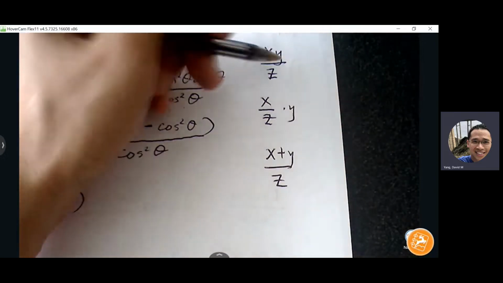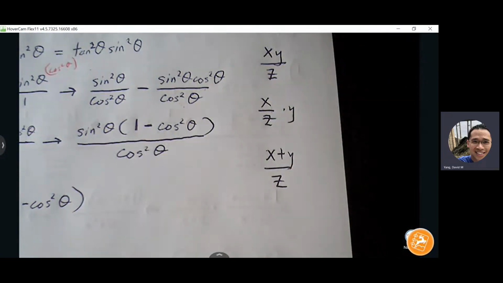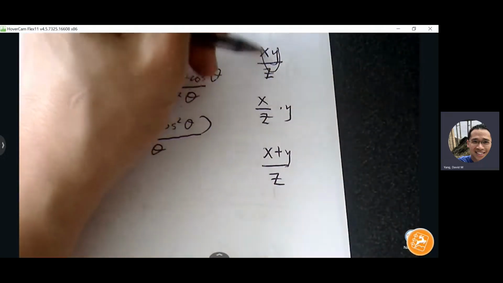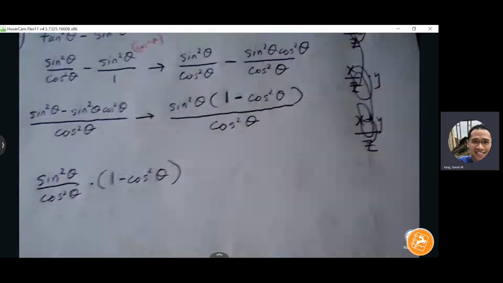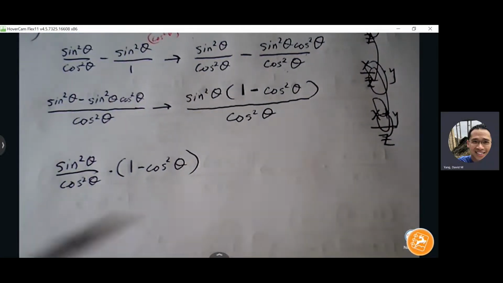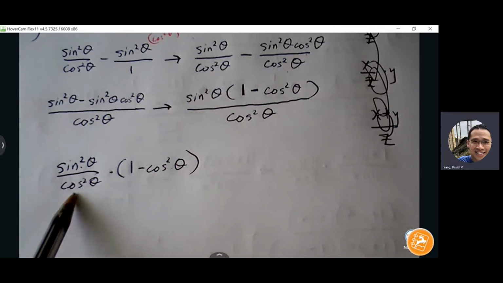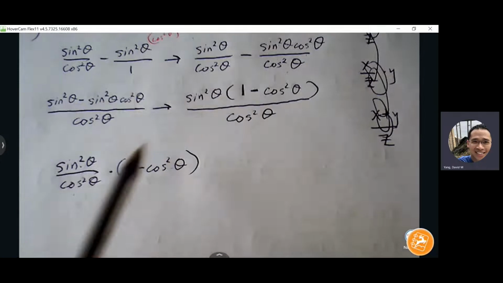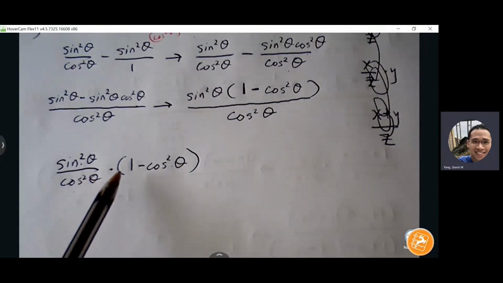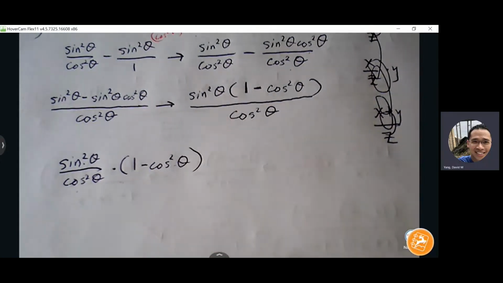But anytime things are multiplied, I can just move things around without a lot of messiness. Because this is the same thing, right? If I were to put this together, isn't it the same thing as sine squared times 1 minus cosine squared all over cosine squared? So I should be able to make my way from here to here without any trouble, right?